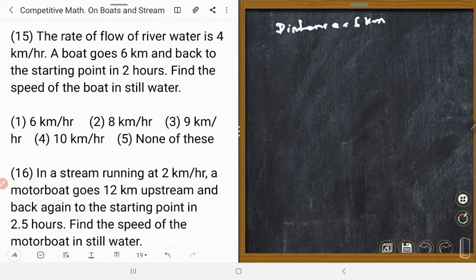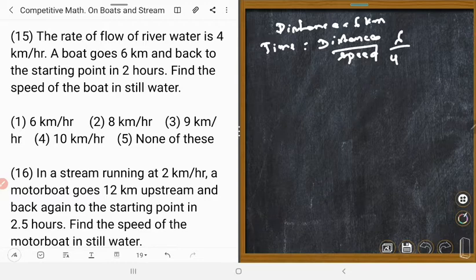Time is equal to distance by speed. That means 6 upon u plus v and 6 upon u minus v.